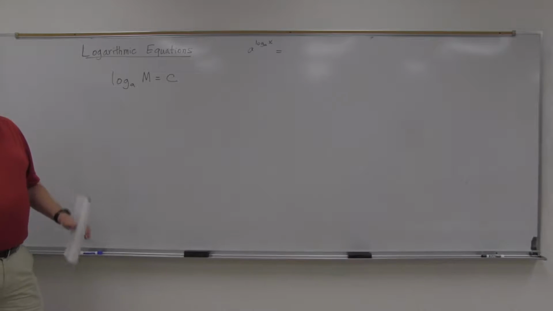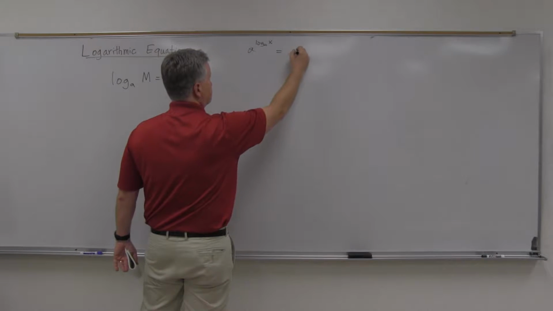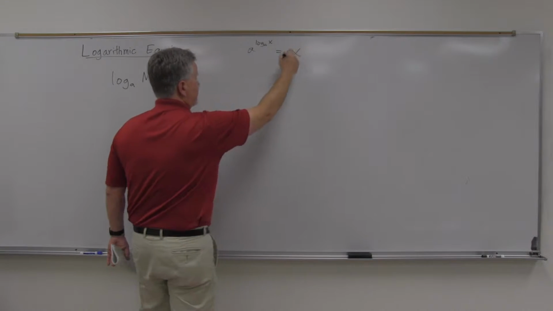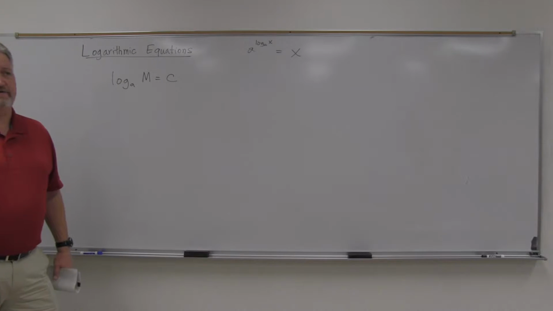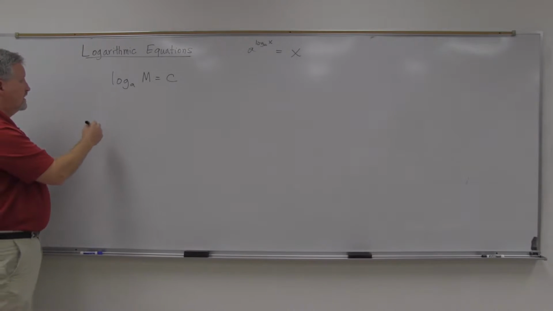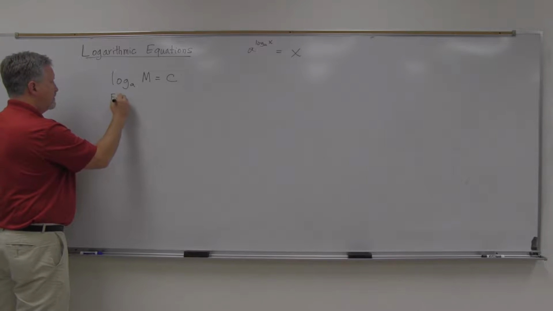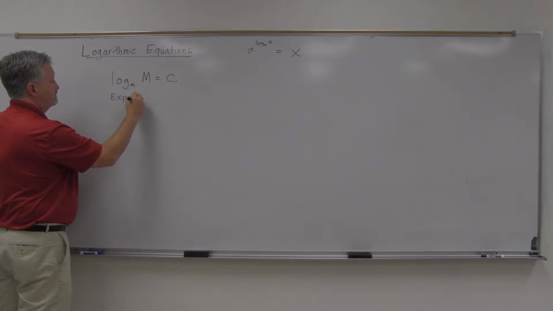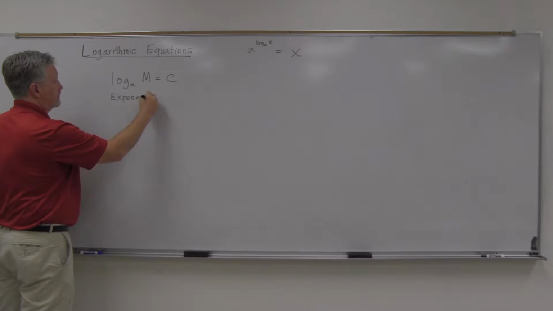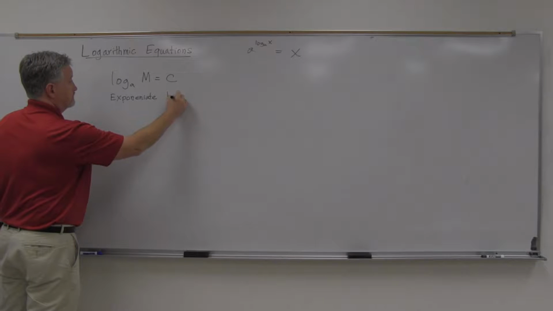The a to the log base a, those things cancel out, and so that simplifies to just be x. Well, I'm going to use the same sort of property here on an equation. It's called exponentiate both sides. So that's a new word there. Exponentiate both sides.